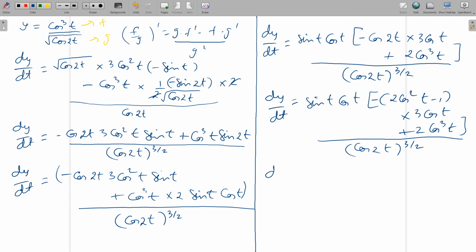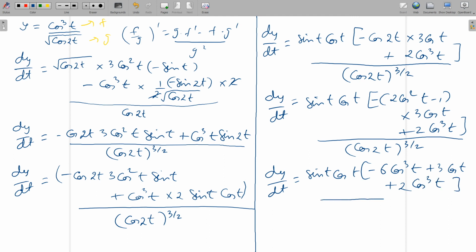So this will give us dy by dt equal to sin t into cos t, and here we get 3 into 2, that is 6, with the minus, so minus 6 cos cube t, and minus minus plus, so plus 3 cos t, and plus 2 cos cube t, and the whole again divided by cos 2t raised to 3 by 2.